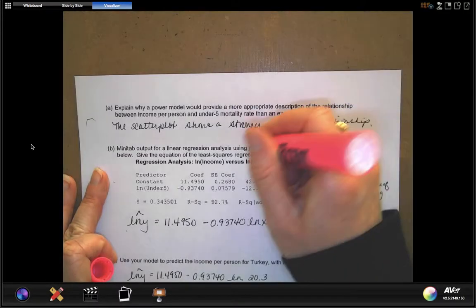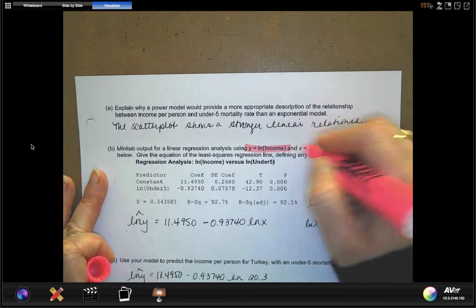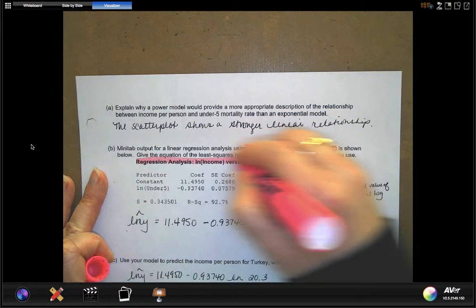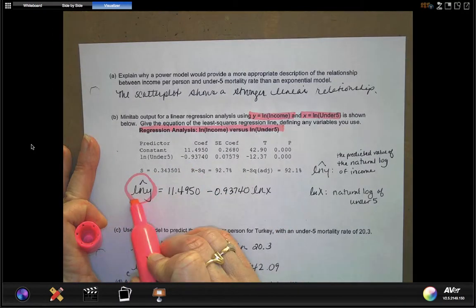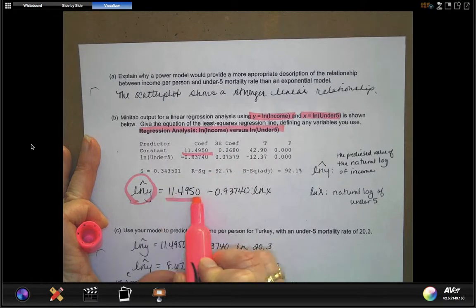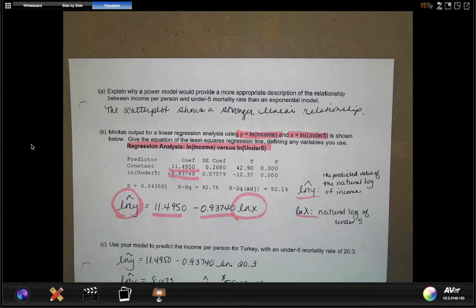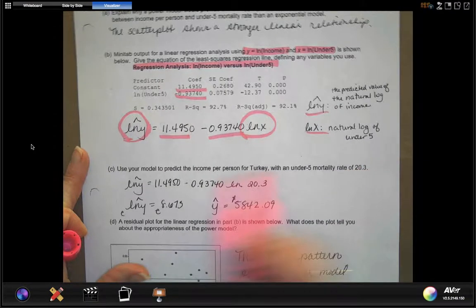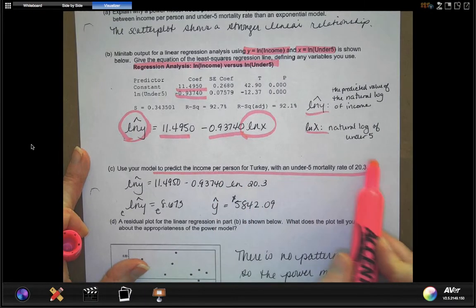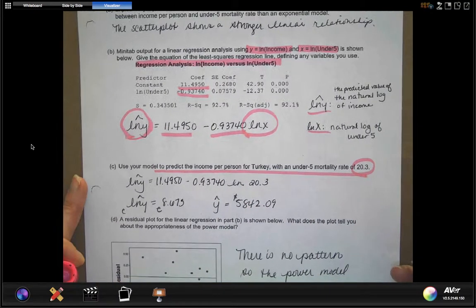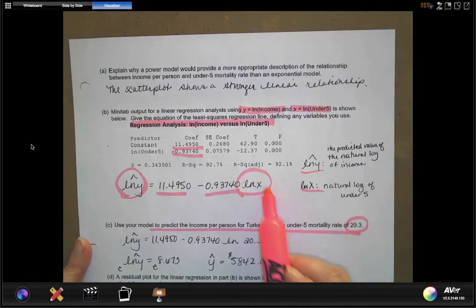Again, it says right here in the problem what they transformed. It shows you right here in the title how they transformed. You're still writing, so there's my big hat, there's my intercept, there's my slope, there's my natural log of x. Again, I defined the transform variables here. Here we're making a prediction for Turkey with an under 5 mortality rate of 20.3. So you're plugging that in here.